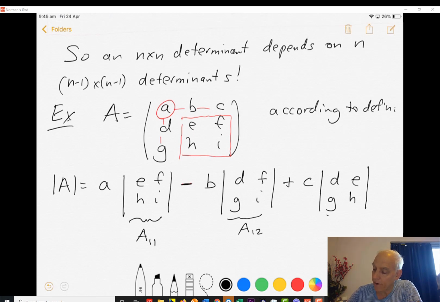This is the minor A13. So we're taking a linear combination of these three minors, each of which is itself a 2 by 2 determinant. And that linear combination gives us the entire determinant.